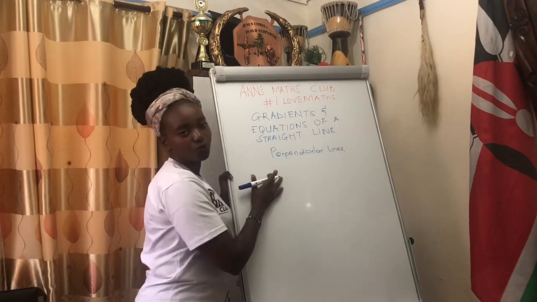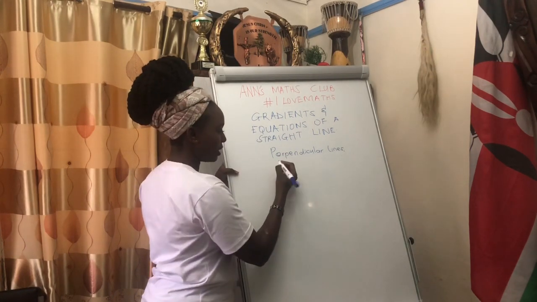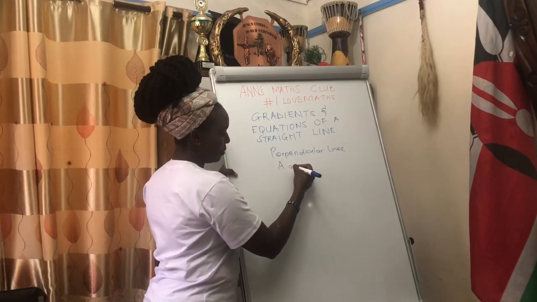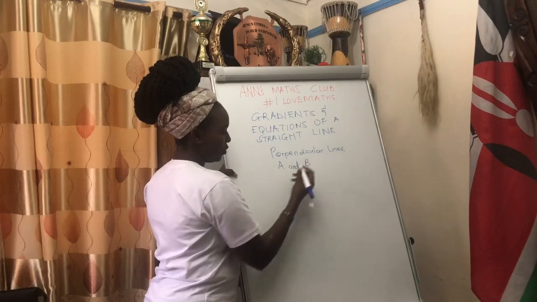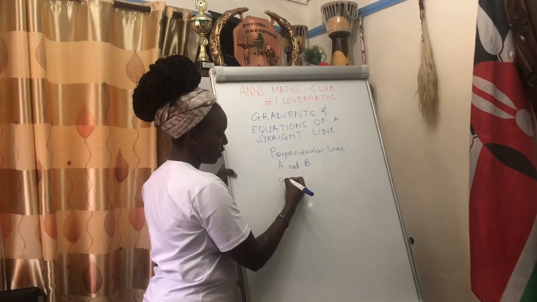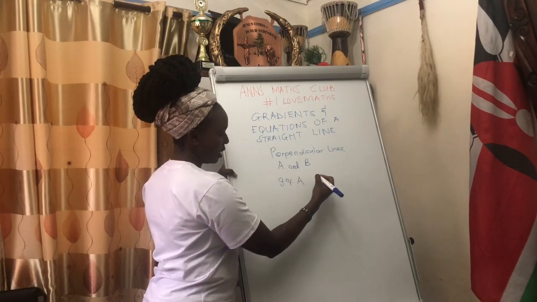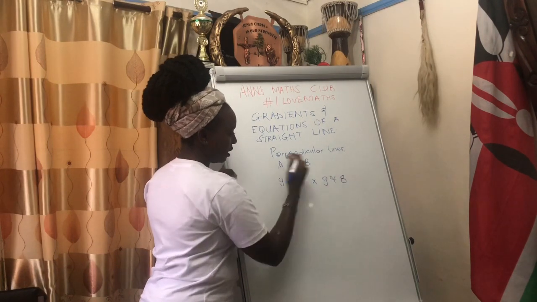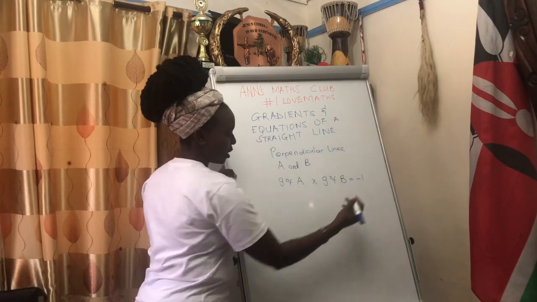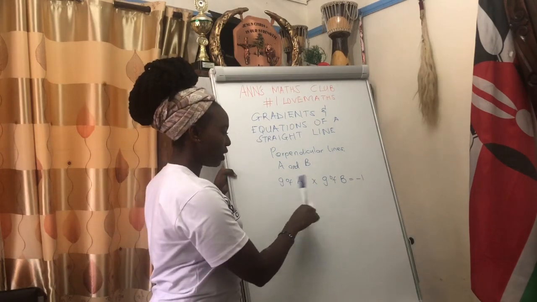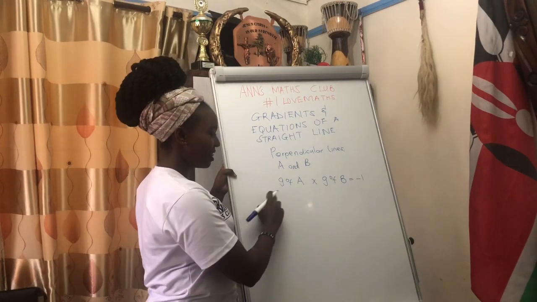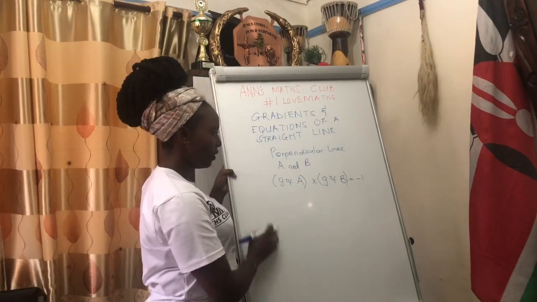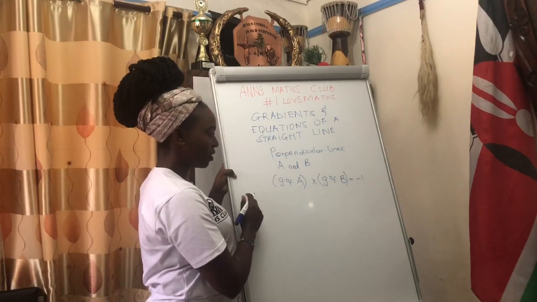What you need to know on perpendicular lines is that, assume we have two lines, A and B, the gradient of A multiplied by the gradient of B is equal to -1. So if you want to know that two lines are perpendicular to each other, the product of their gradients should be equal to -1. So that is what you need to know about perpendicular lines.